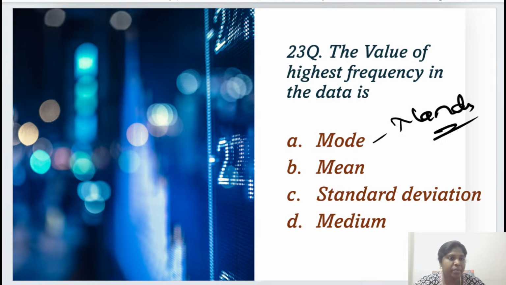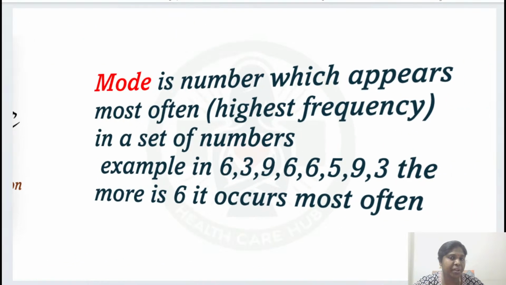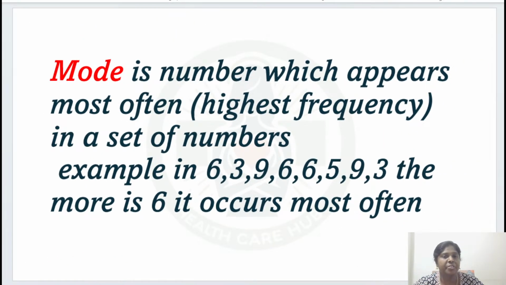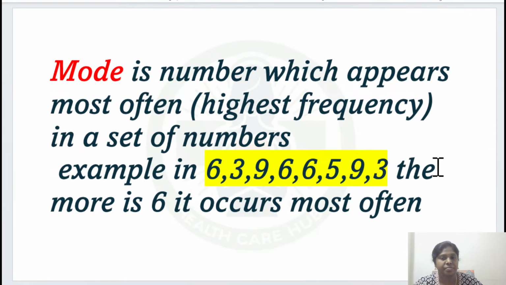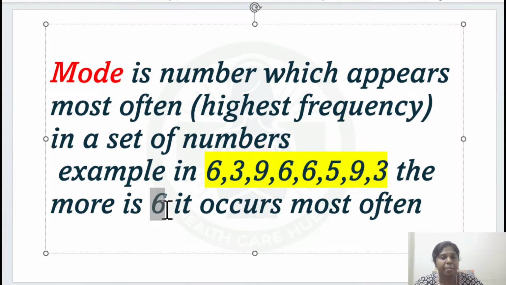I will show you one example now. So what exactly is this mode? Mode is the number which appears most often, with the highest frequency. Here you can see the numbers 6, 3, 9, 6, 6. In the given numbers, which number is repeated more times? Here the number 6 is repeated more times, so its frequency is highest. When a number has the highest frequency, that is called the mode.